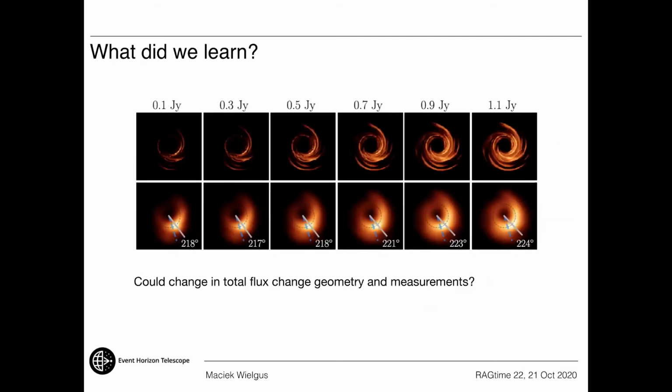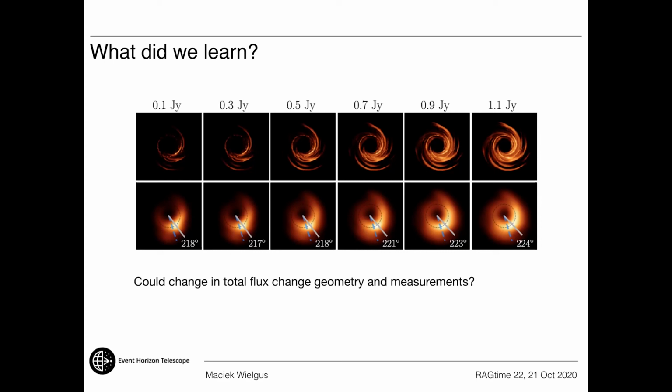And the last thing that I wanted to comment on is the following problem. The core emission of the M87 is changing from year to year. It's not quite constant. Actually, it changed between 0.5 Jansky, so the third column here, and 0.9 Jansky across the last decade.